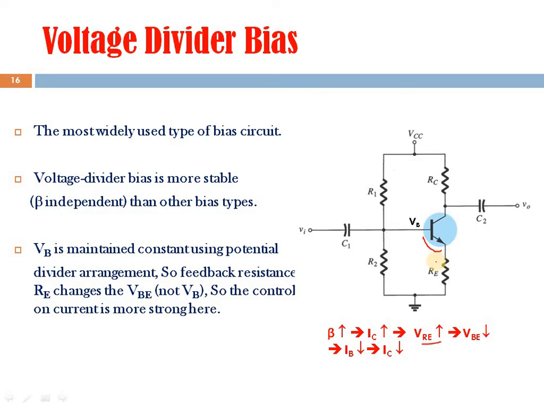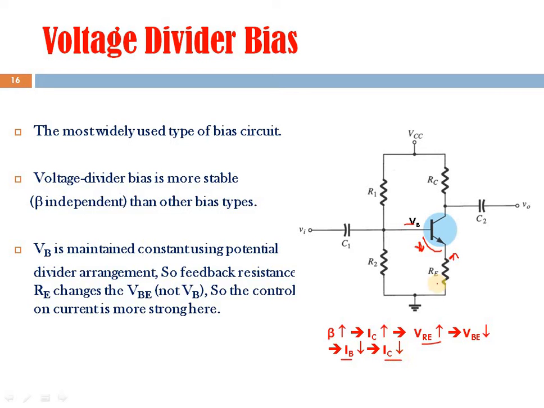So this voltage here is increasing, but since VB is constant, VBE will decrease, because the voltage at this end is increasing and this is fixed. What will happen if this increases and this remains fixed? This voltage difference will decrease, right? And if the base emitter voltage decreases, IB decreases, and if IB decreases, IC decreases.